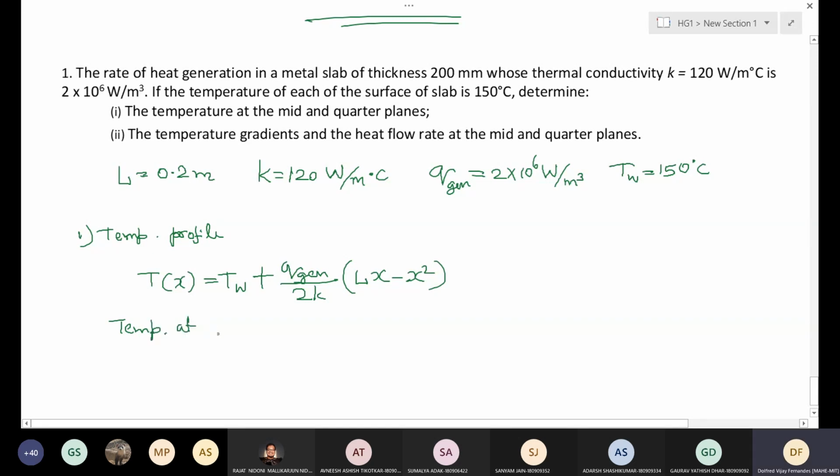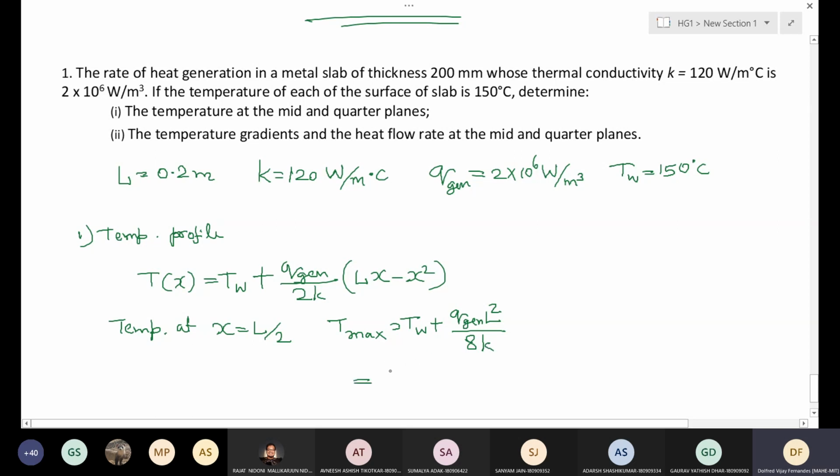Temperature at X equal to L by 2 is the maximum temperature, T max. We know that is T wall plus Q generation into L square divided by 8K.